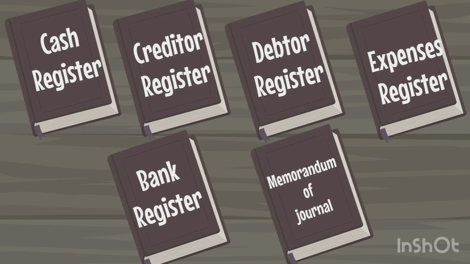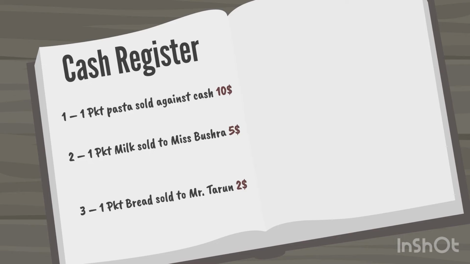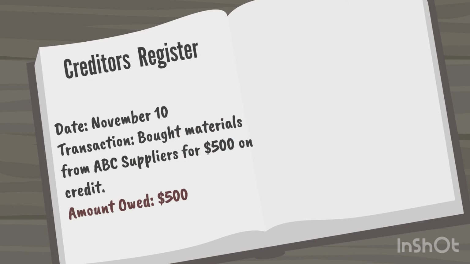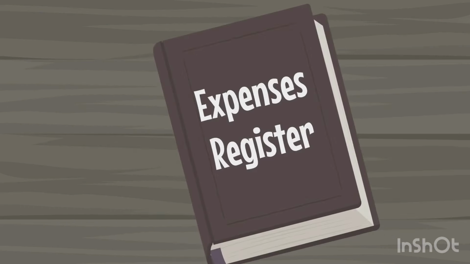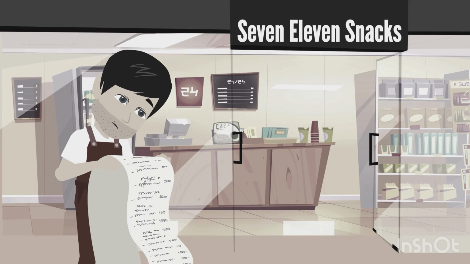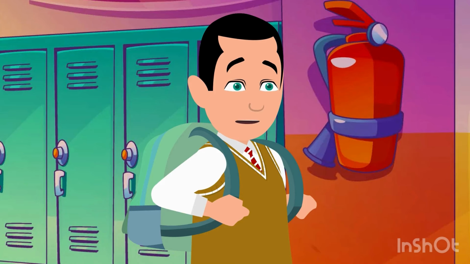This is why we use these registers. The cash register shows our cash balance. The creditors register tracks what we owe suppliers. The debtors register shows what customers owe us. The expenses register tracks all payments for expenses. Wow, I didn't know about all this.